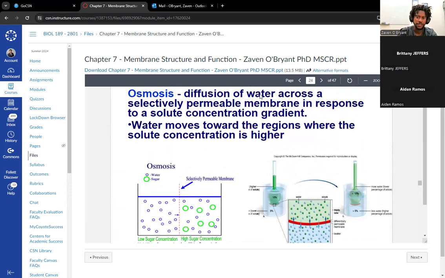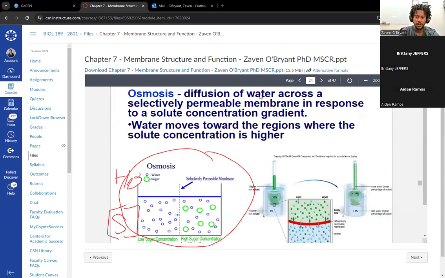over here. Let me see. So for this bottom part right here, we can describe this as H2O, or we can describe it as solute concentration. On the left, there's a low solute concentration, and on the right, there is a high solute concentration.